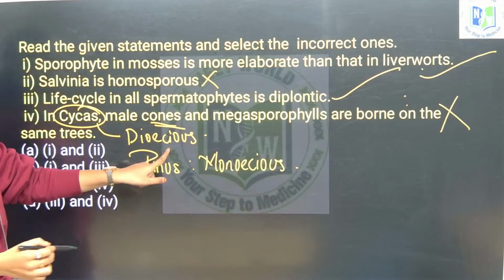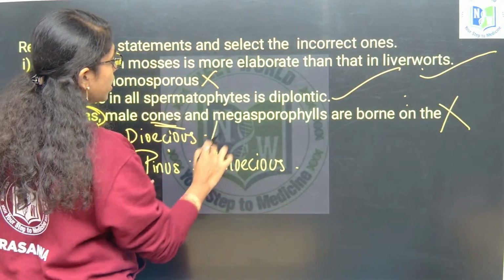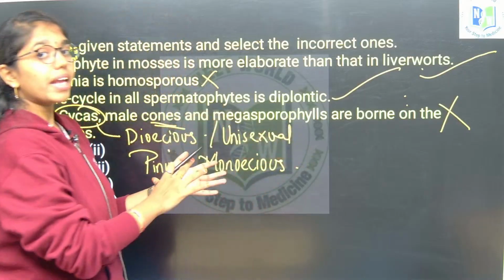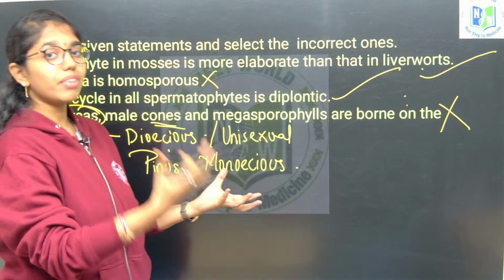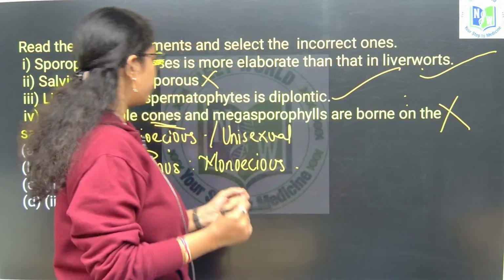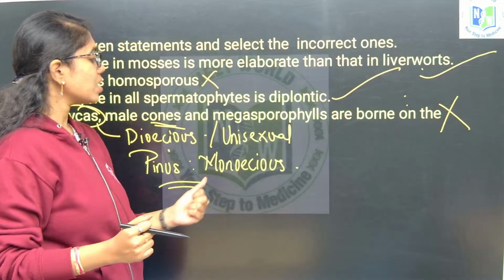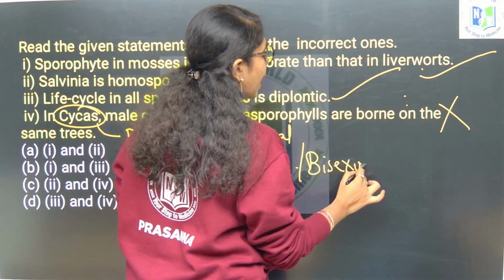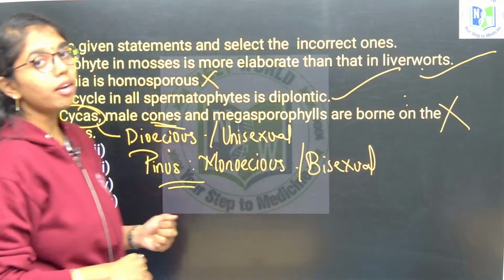Dioecious or unisexual, wherein the male parent will bear male sex organs, and the female will bear female sex organs. Males will be having male cones, females female cones. Pinus is monoecious, that is bisexual. A single plant bears both male cone and female cone.